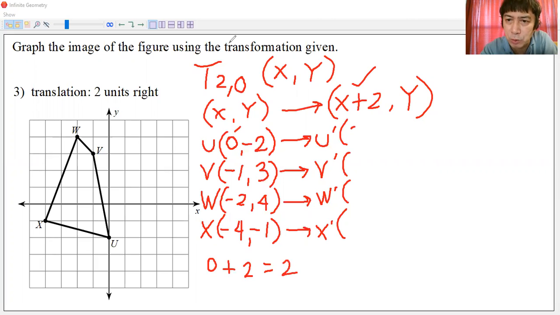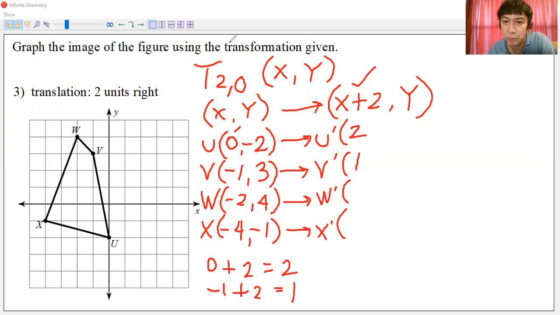So that means this is 2. Next value is -1, the x of the point V. So -1, you add 2, and that results in +1. How about our x for the point W?